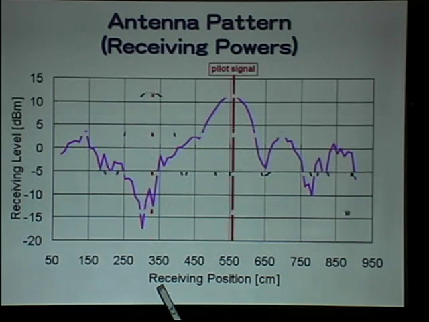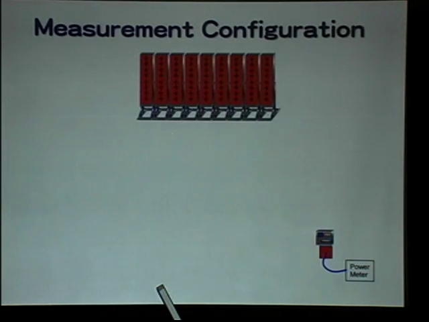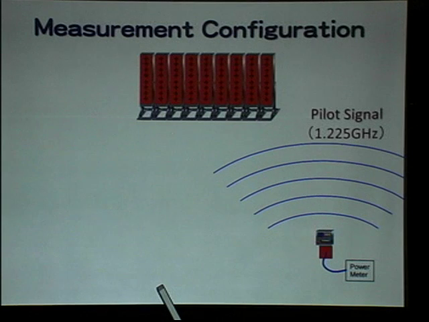And if we move the pilot signal to this point, the microwave power follows the pilot signal. We move it to the edge, and the microwave follows the pilot signal. Can you understand? And next experiment.